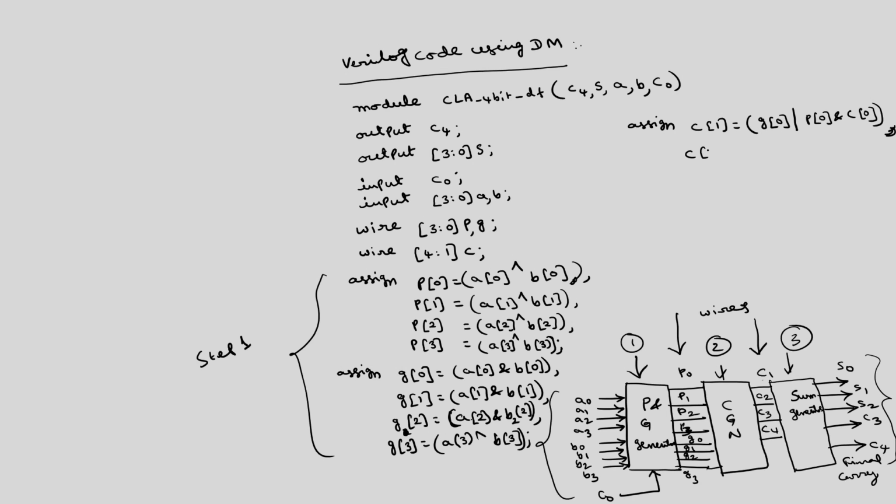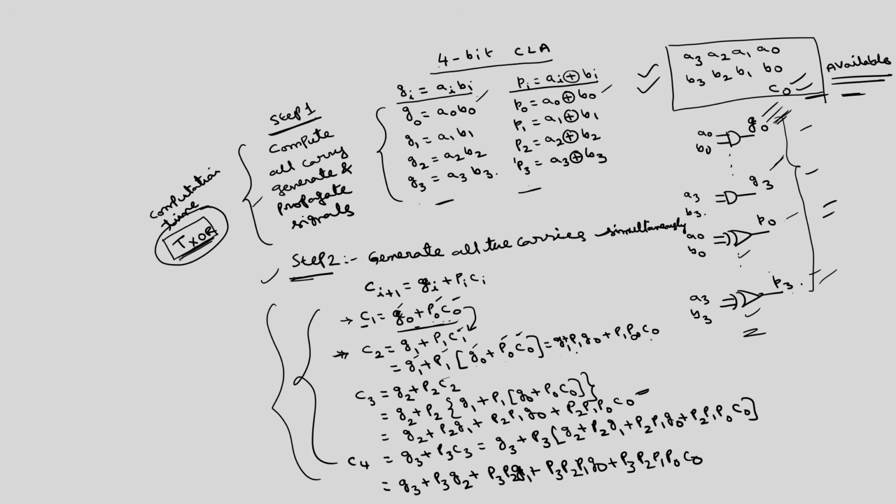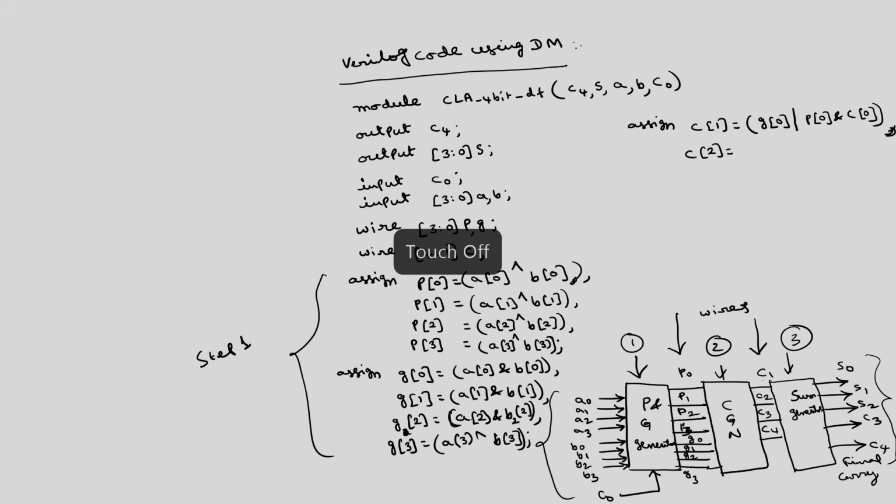Similarly, you have to write C2 is equal to this Boolean expression, then for C3 this Boolean expression, for C4 this Boolean expression. Okay. So, we have only AND operations and OR operations. I am not writing C2 out here; it is a Boolean expression. We have comma C3 is another Boolean expression, comma C4 is another Boolean expression using AND and OR gates, semicolon. So, this is the second step.